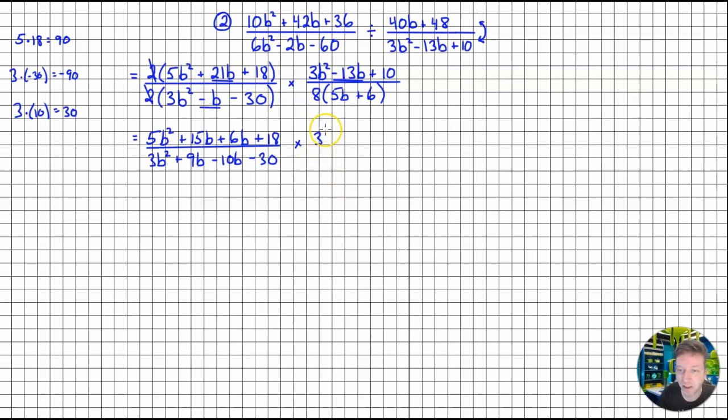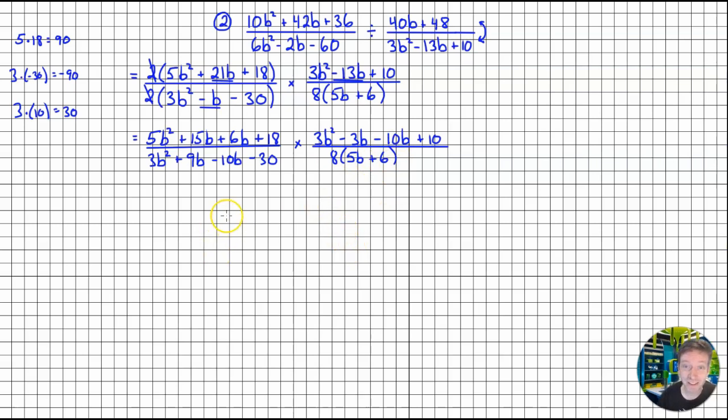So we'll have 3b squared minus 3b minus 10b, and then plus 10. And there's nothing we can do with this one for now. So let's just leave that 5b plus 6.